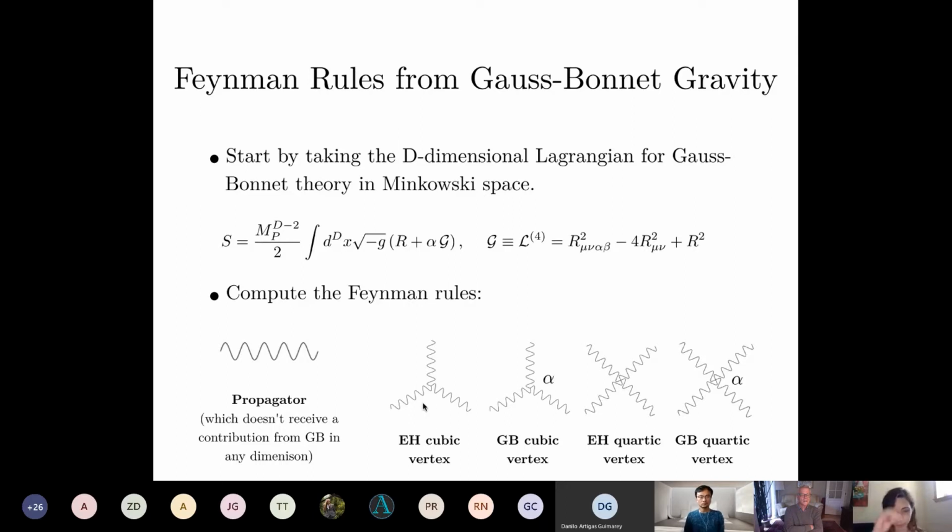Then you also get an Einstein-Hilbert cubic vertex. You'll get a cubic vertex coming from the Gauss-Bonnet term. You'll get a quartic vertex from the Einstein-Hilbert term, and then you also get a quartic vertex coming from the Gauss-Bonnet term. And this is all you then need to compute the tree-level 4-point scattering amplitude.